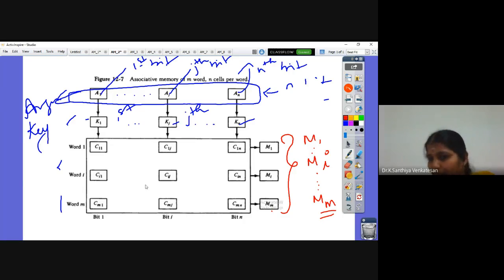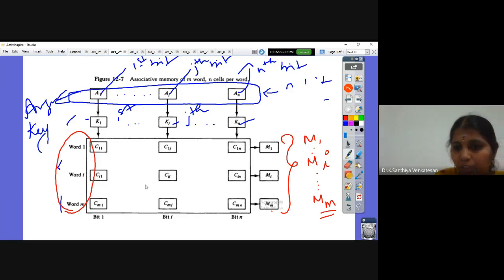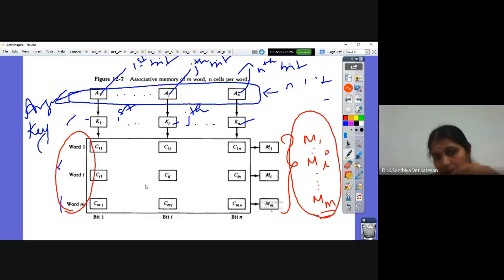Say if it is 1,000, then M1000 will be the last word. That is the general notation of representing the words. So if your associative memory has m words, then your match register will also have m words. The same size as the associative memory you have to mention in the match register also.